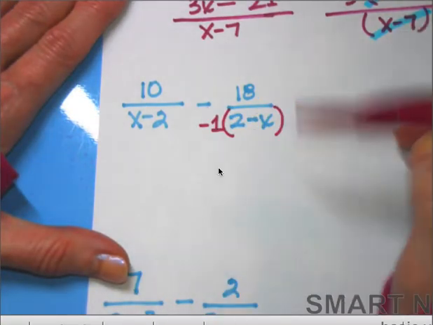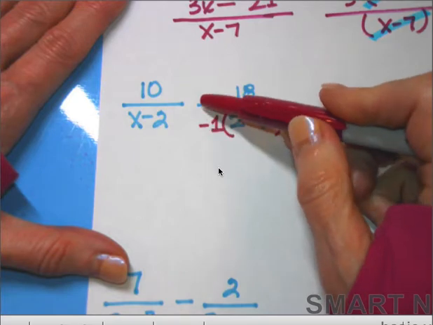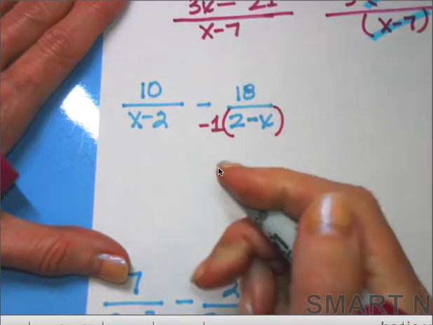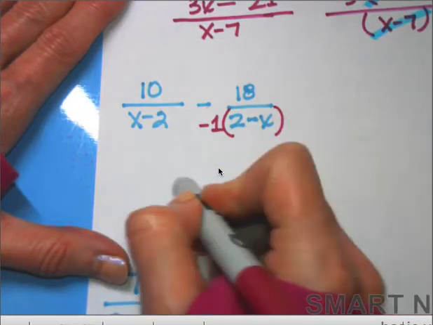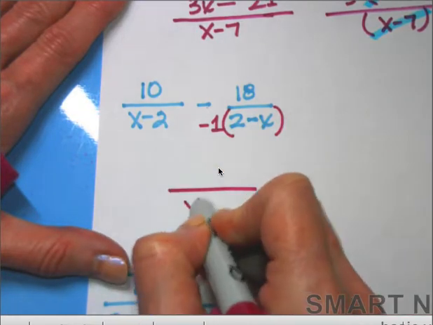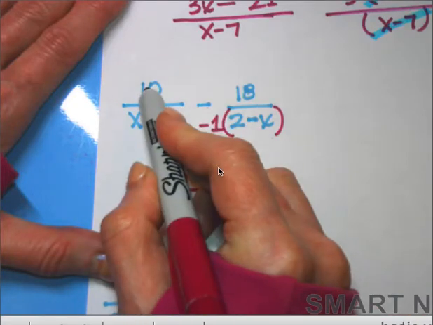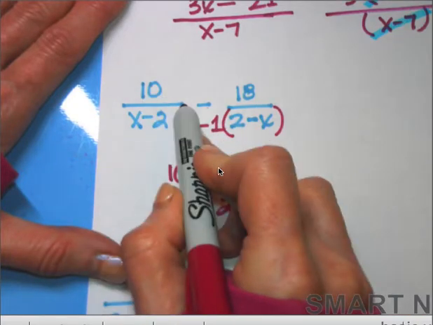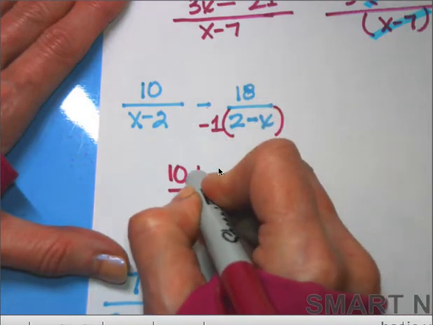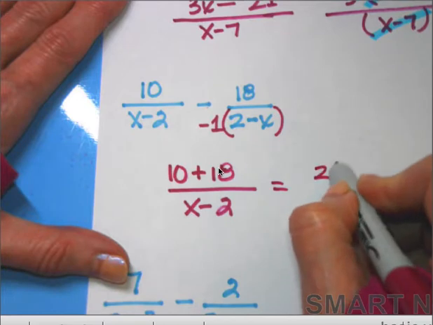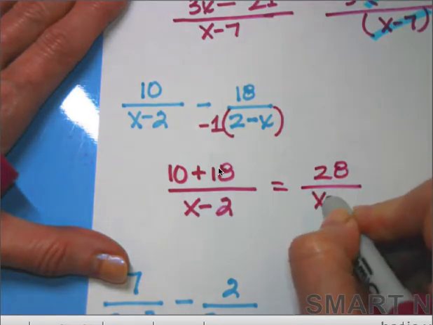So I'm introducing an additional negative sign into the problem, which is going to turn this operation into an addition. I have my original numerator of 10, but now instead of 10 minus 18, it's going to become 10 plus 18. Then my expression is going to be 28 over x minus 2.